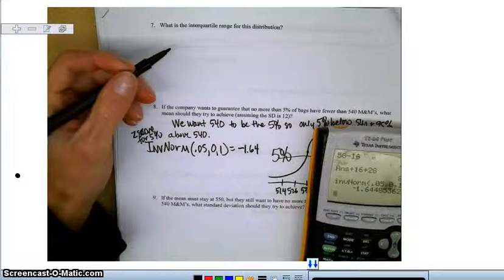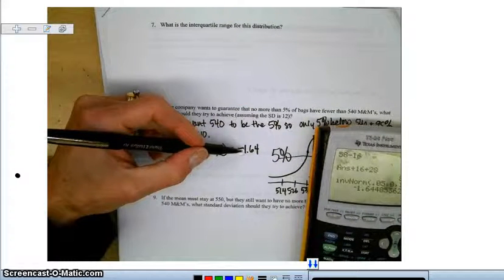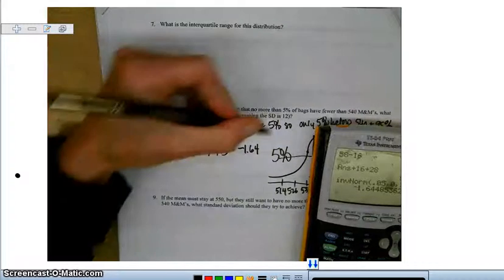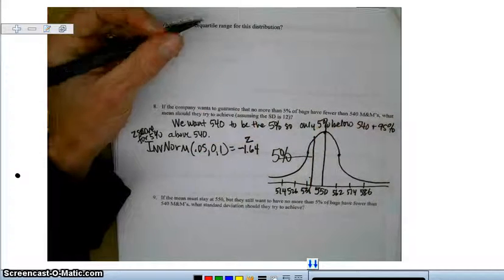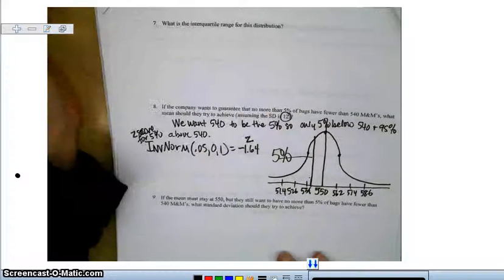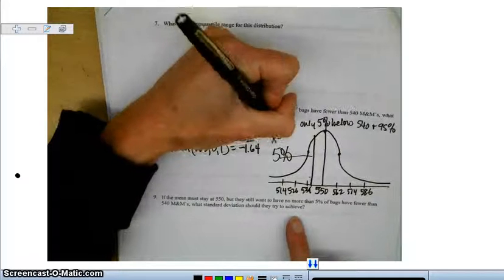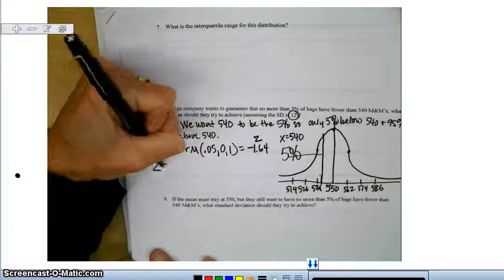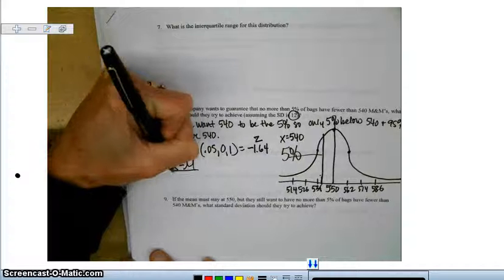Okay, so I need to find out what the mean should be. So I know the z-score, I know the standard deviation is 12, I know the x value is 540, that's the one I want to be 5%. So I set up my z-score formula, z equals x minus mu divided by sigma.